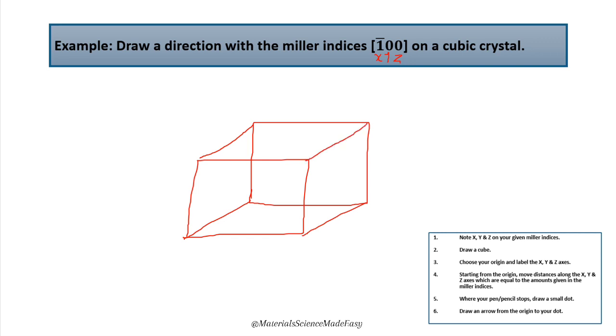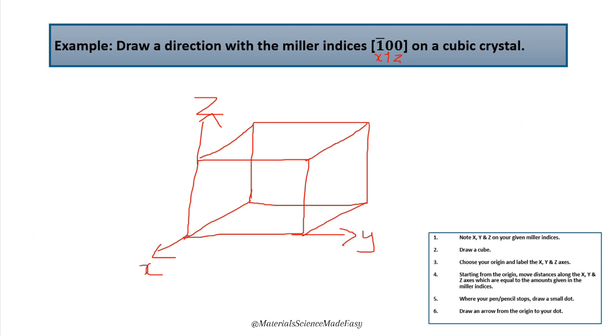And then I choose my origin. Negative is x, so I shift it along the axis. So this is my new origin: x, y, z.